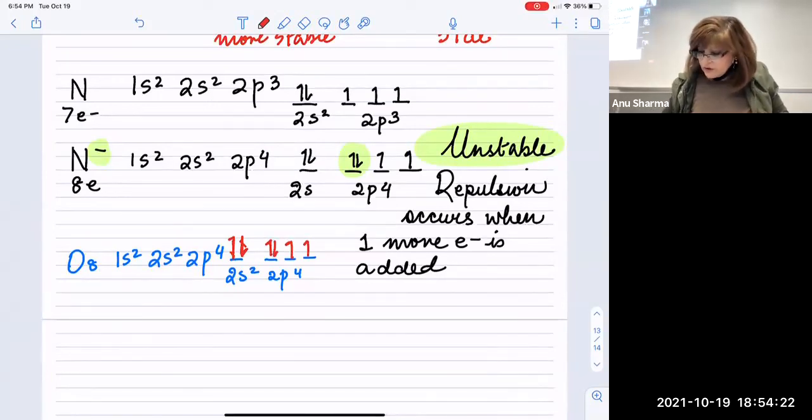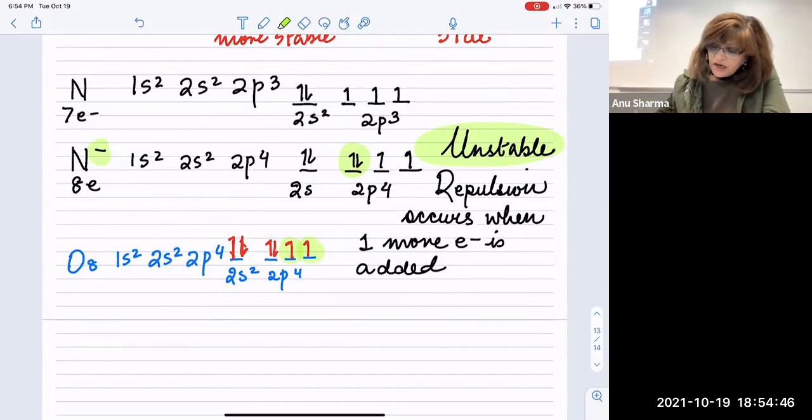So this is the deal with oxygen. Oxygen would prefer to have these two electrons paired.